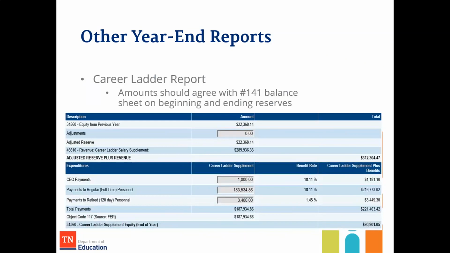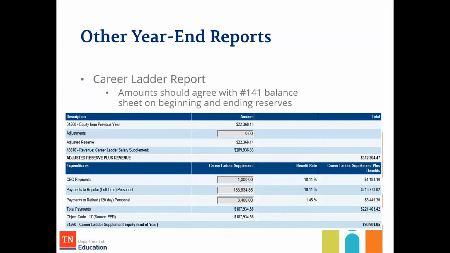If it's not the same, you need to check and make sure whether you need to make an adjustment in this report, or make sure that the report you pulled to look at your career ladder balance, your ending reserve, is correct, because sometimes auditors do make adjustments on those reserves.